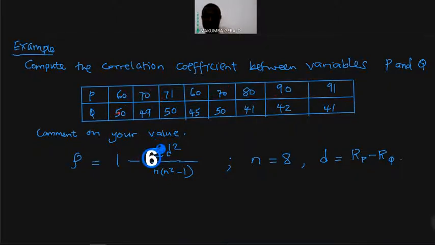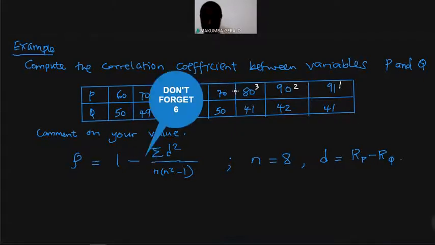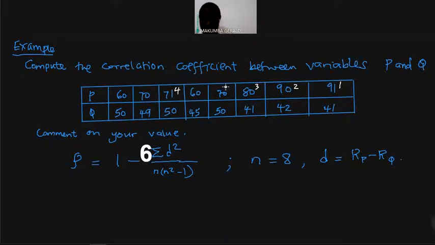When it comes to Q, we have 50 also appearing. 71 takes position 4. 70 takes position 5, and also this other 70 takes another position, which is now position 6.